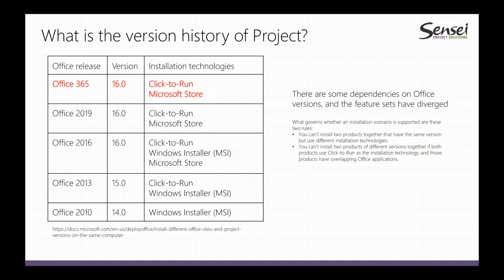When we get to the end of this and we start talking about some of the announcements that Microsoft has made at the Ignite conference, they are working on a new version of Project, currently temporarily named the Project Management Service, a re-architecture of the project client, and so that's going to be a very interesting development. But this is what we have right now. This is our version history.